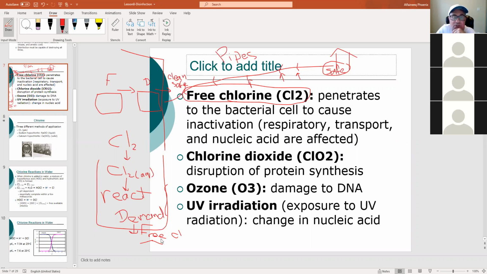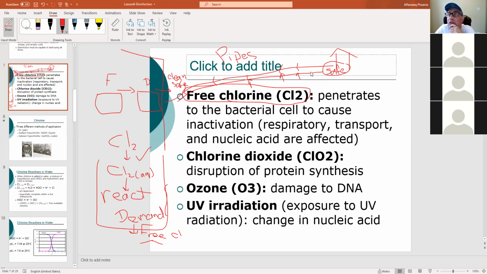So the residual here is kind of, you still have chlorine in other chemical forms, but still it is a disinfectant. It is low in concentration compared with this one, but still it can do the job throughout these pipelines.